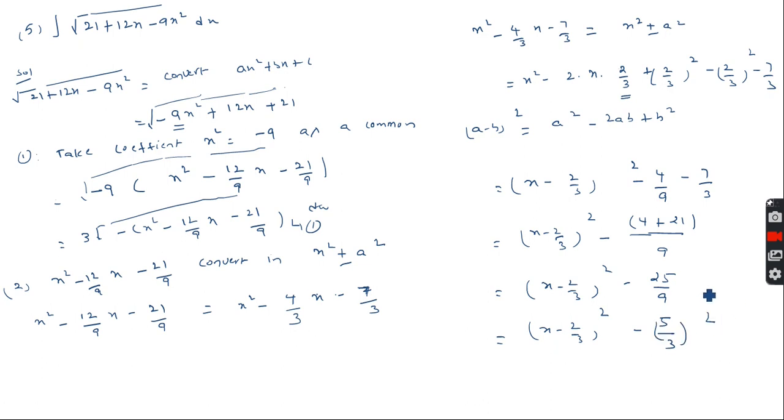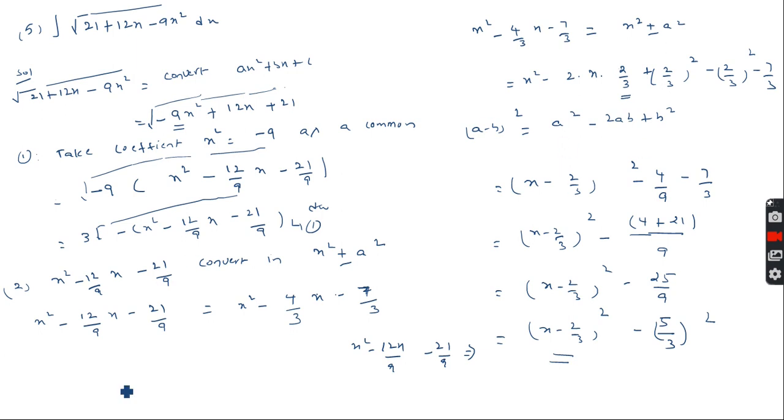So finally, x square minus 12 by 9 x minus 21 by 9 is converted into x minus 2 by 3 whole square minus 5 by 3 whole square.